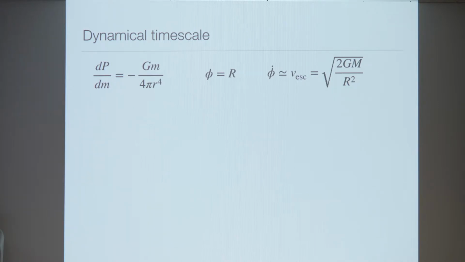And what characterizes this radius is the velocity. Of course, we can make several ways of argument. But let's say the characteristic time scale for this change of the radius is something like the escape velocity.